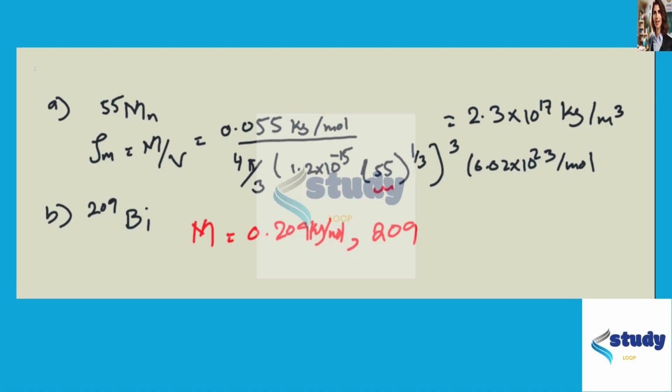Substituting these values in the equation, we obtain the mass density ρm to be 2.3 times 10 to the power 17 kg per meter cubed.